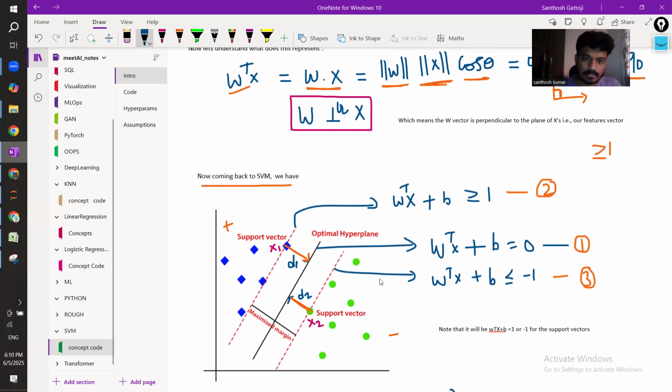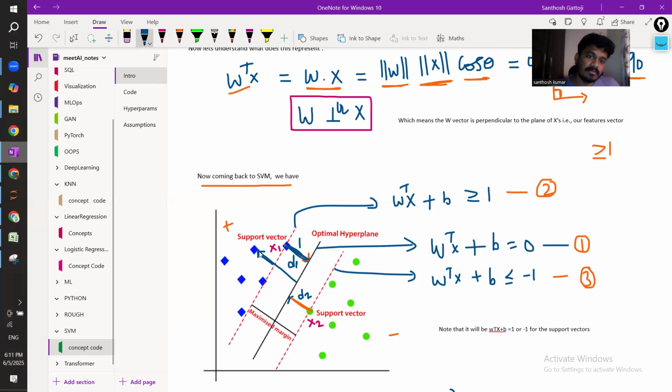Now if you see this distance, if it is 1, that means for this support vector, it is 1. For points other than the support vector, for example this one, it is greater than 1. From this plane, the first point that is touching the plane is the support vector, and for that the distance is 1. But there are some other points also, which are greater than 1 from this plane.